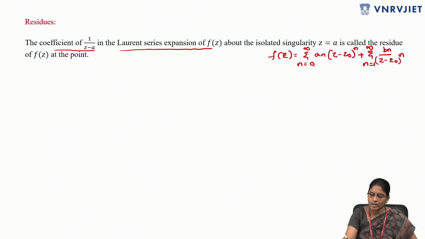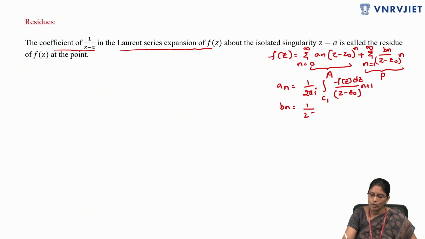Here summation a_n (z minus z naught) power n is the analytic part and summation n is equal to 1 to infinity b_n by (z minus z naught) power n is the principal part, where a_n is equal to 1 by 2 pi i integral over c1 f of z dz by (z minus z naught) power n plus 1 and b_n is equal to 1 by 2 pi i integral over c2 f of z dz by (z minus z naught) whole power minus n plus 1.